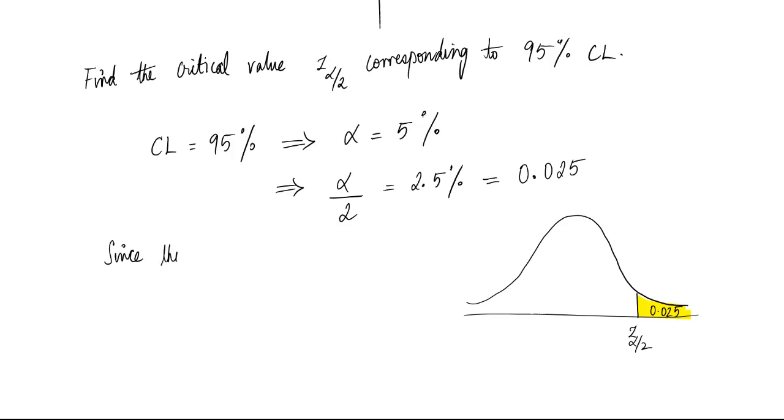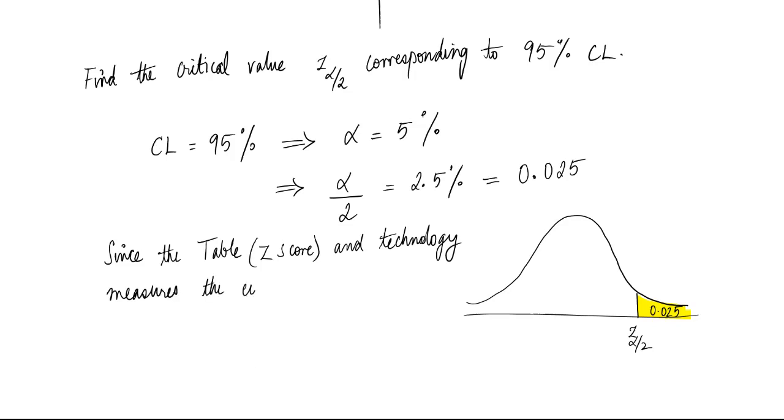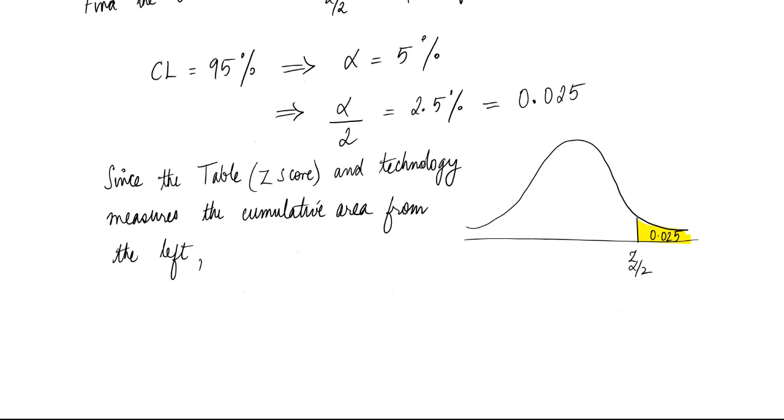Since the z-score tables and technology in this case measure the cumulative area from the left, we use 1 minus 0.025 to find the cumulative area from the left, which is 0.975.